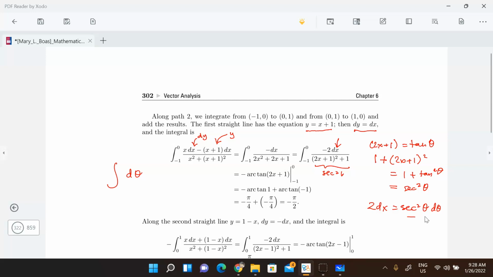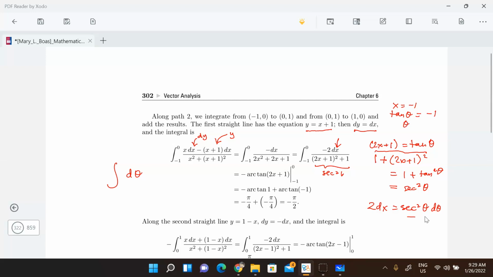Now we need to determine the limits in this particular case. So again, you look at the defining equation there. When x equals minus 1, your tangent theta becomes minus 2 plus 1, which is minus 1.